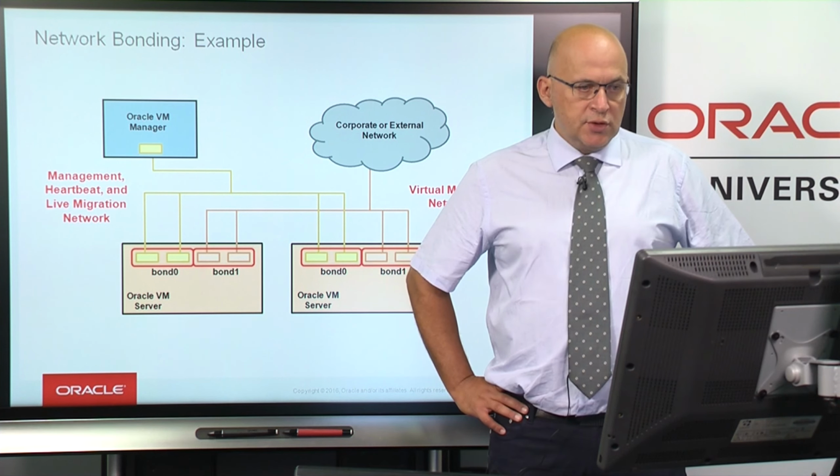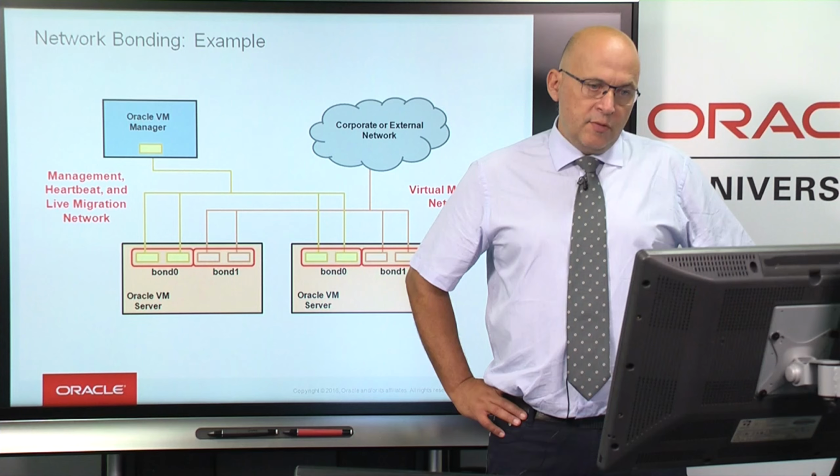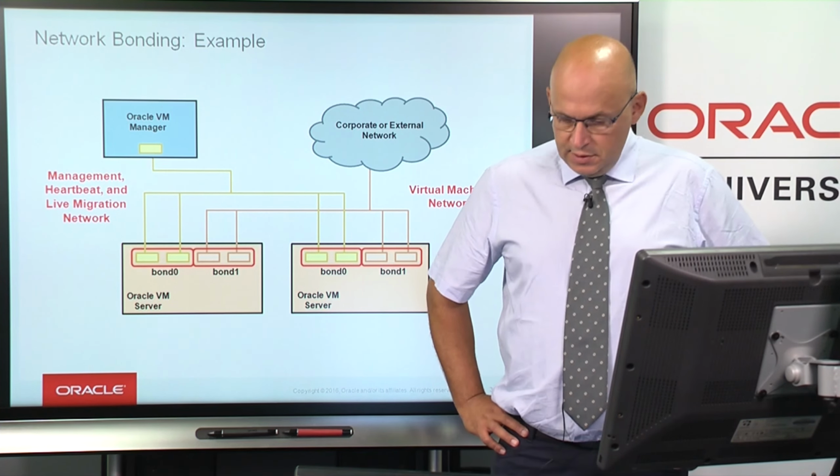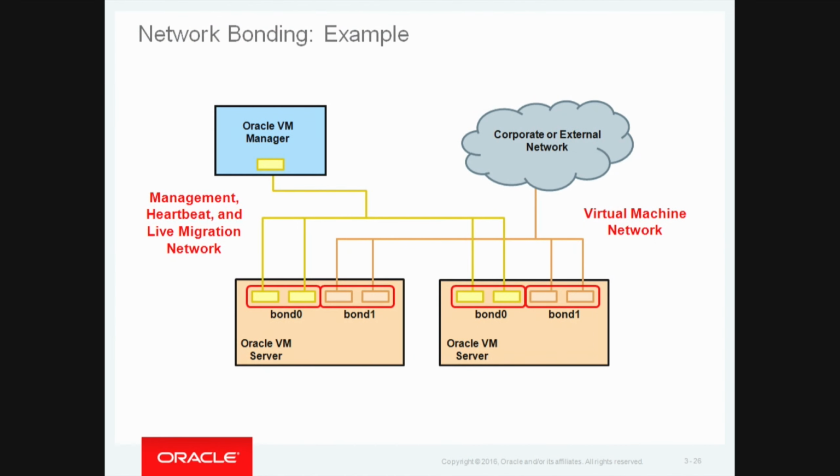As you can see, the Oracle VM Manager on the left side is using a bond which is used to manage the management network, the heartbeat, and the live migration. And then we have created a bond 1 which is used to support the virtual machine network.